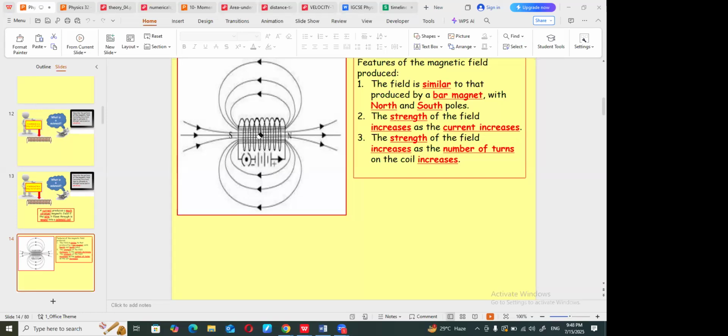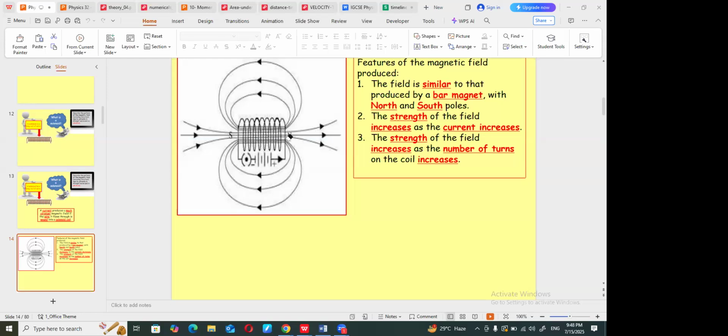So if current is like this, the magnetic field which is produced will be north on the right and south on the left, right? You can see the direction by looking at these circles that start from north and end at south. Even the lines are passing through the center as well. This is similar to the magnetic field, except in the middle, the lines are also passing.